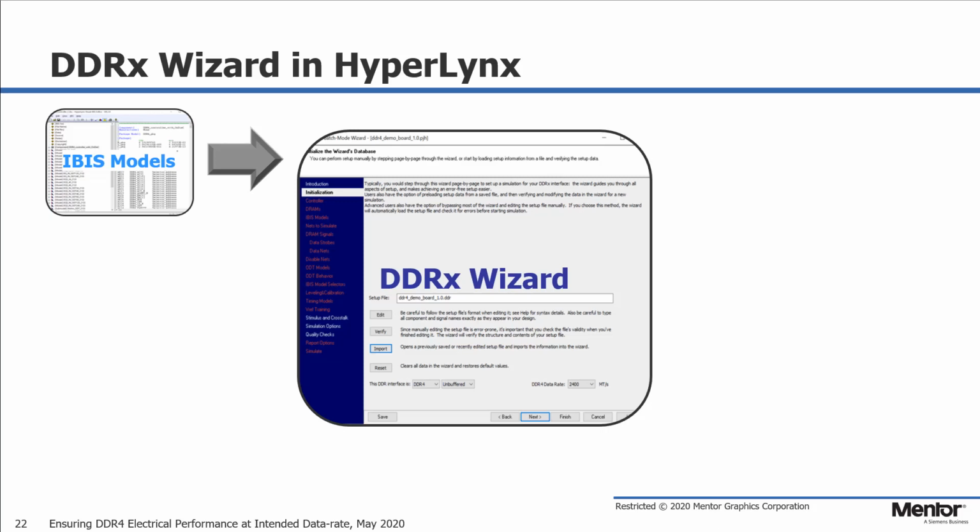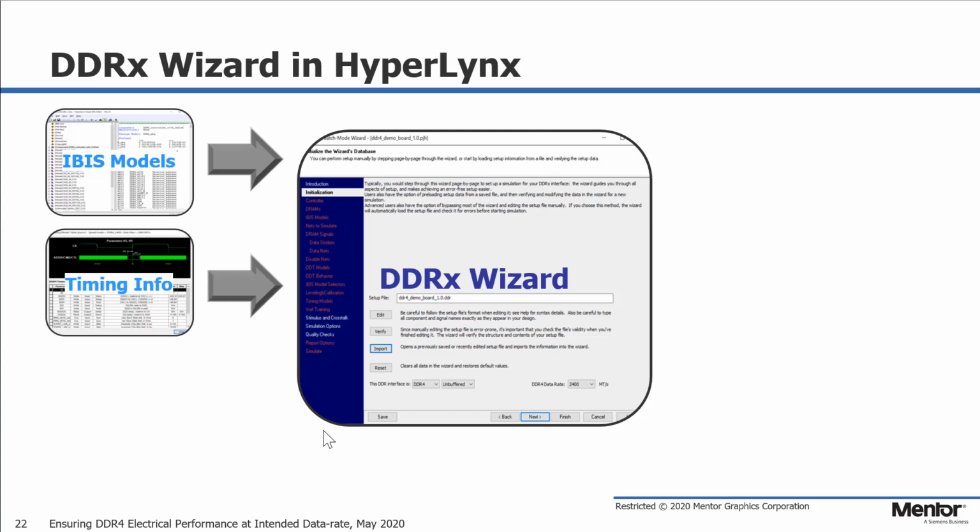If you don't have the models yet, early in the design cycle, we provide a script and generic models which will fit your design pinup. You will need to provide timing info for both the controller and the DRAM, but HyperLynx provides the JEDEC compliant DRAM timing files.